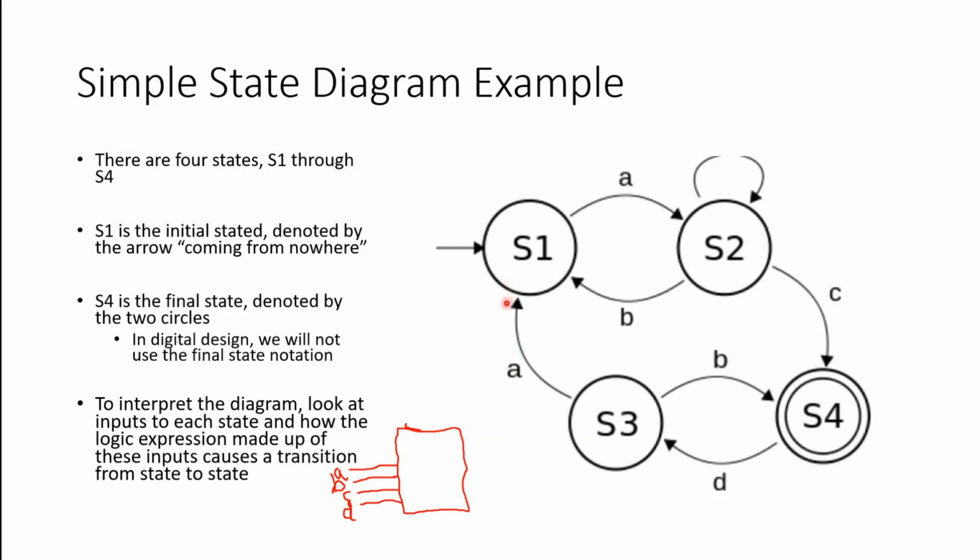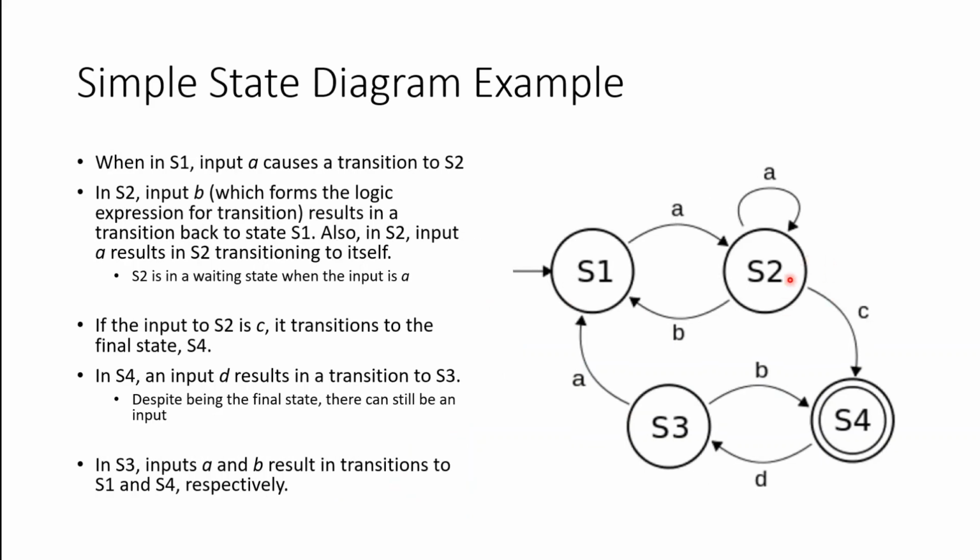All right. This little portion of the diagram was cut out on the previous slide, but in this case here, this arrow or this arc, which shows us a transition from the state back to itself, what this means is that if I am in S2 and I receive input A, I do not change state. The state transitions back to itself.